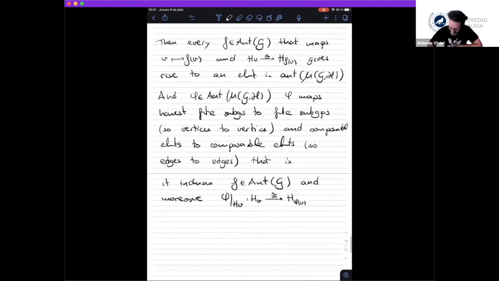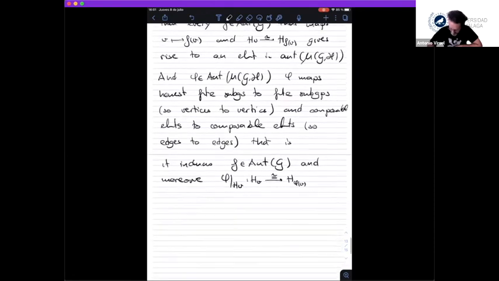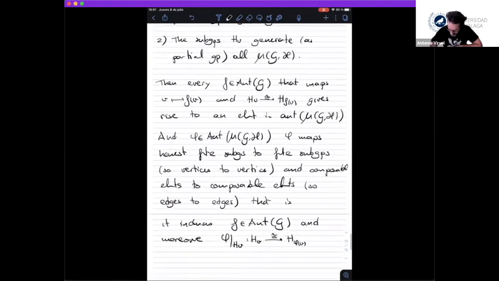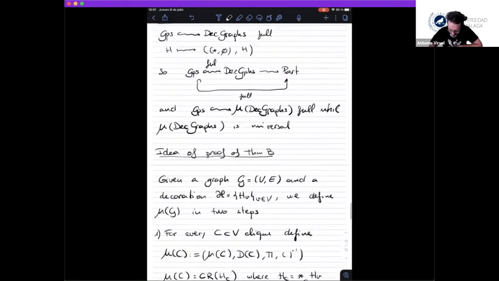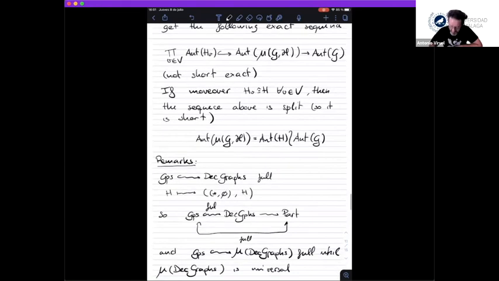So that's how these isomorphisms show up.